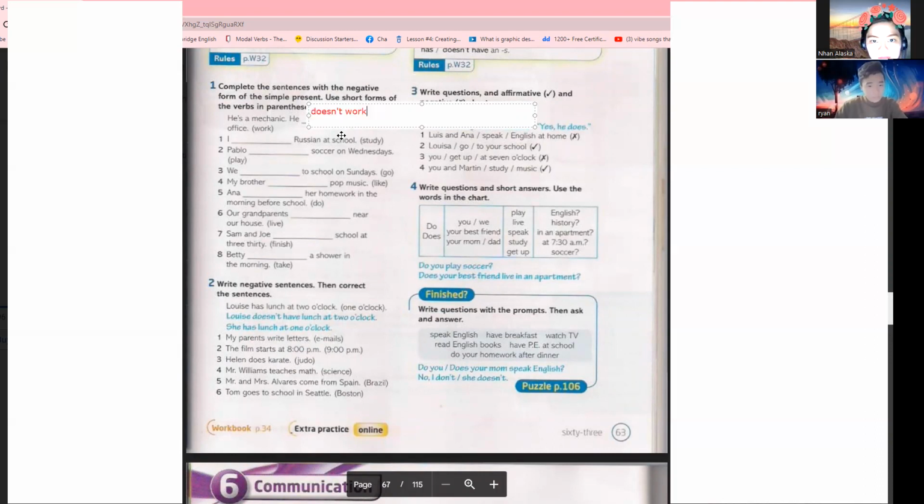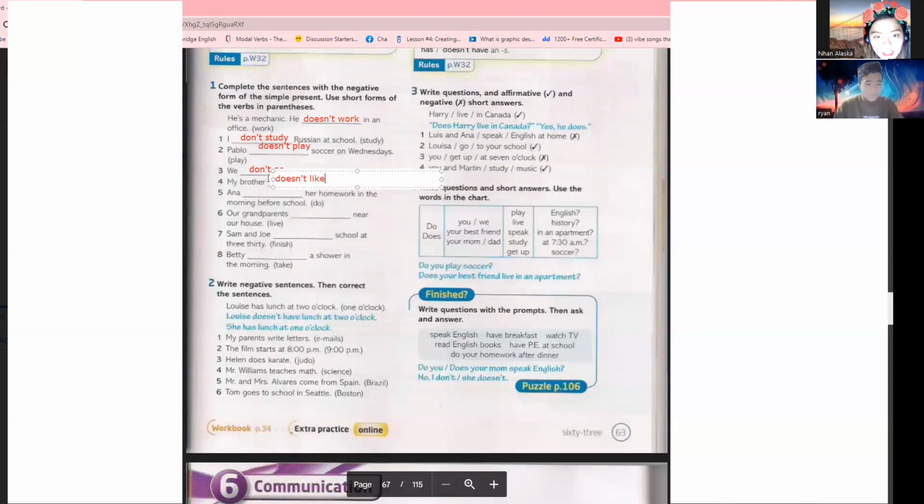Continue. Number 2. Pablo doesn't play soccer on Wednesdays. Doesn't play. Very easy. Number 3, please. We don't go to school on Sundays. Number 4. My brother doesn't like pop music. Doesn't like. Number 5. Anna doesn't do her homework in the morning before school.